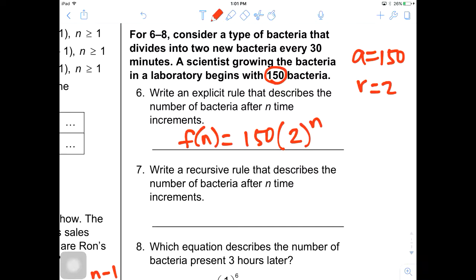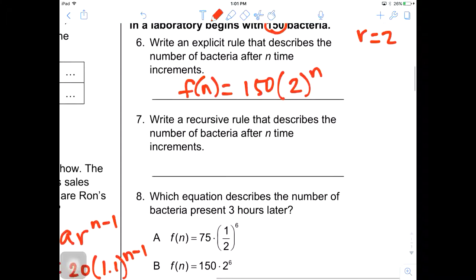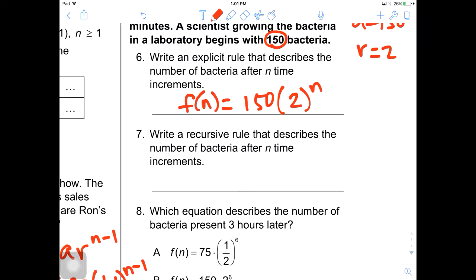And then number 7 says write a recursive rule that describes the number of bacteria after n times. So we're just converting that formula.